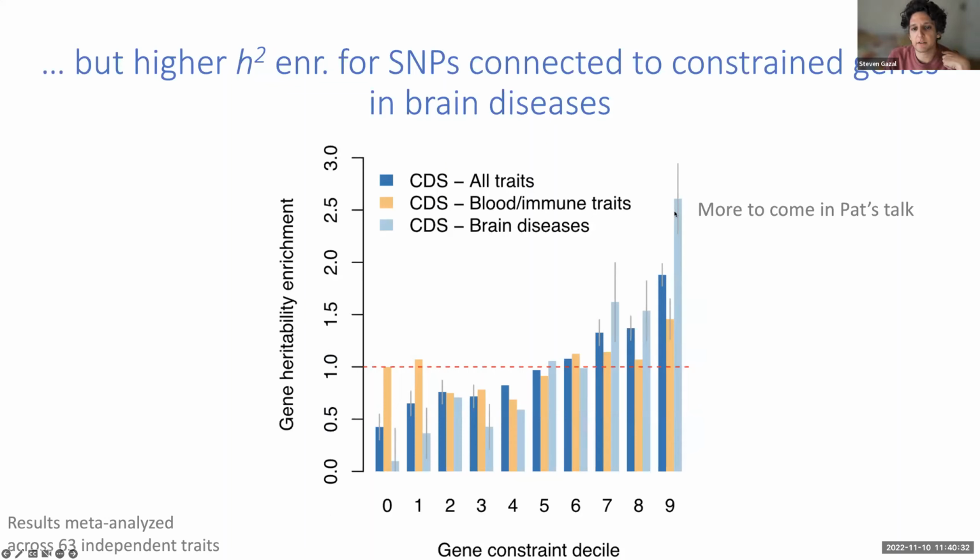What we observed is that genes that are highly constrained are highly enriched in heritability of brain disease. This is consistent with other work showing that genes with, for example, a high pLI score, or high constraint in humans, were also more enriched in brain disease.